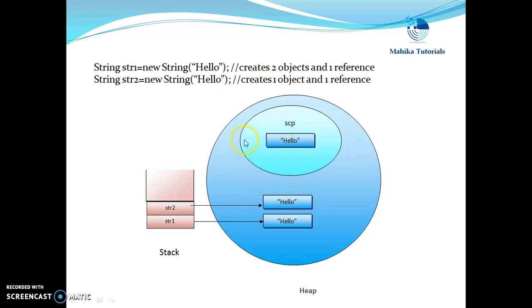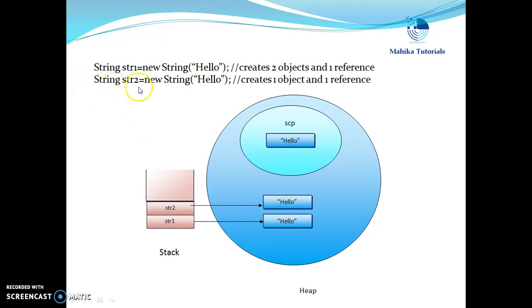Now again JVM will search for hello in SCP. Since hello is already there, no new object for hello will be created in SCP, because SCP contains only unique string objects. So this is how strings created using the new keyword are internally stored.